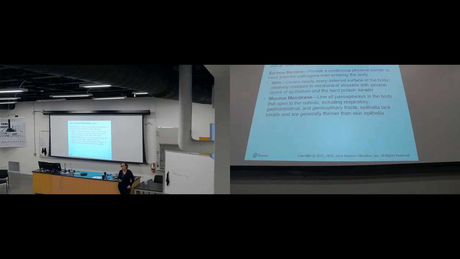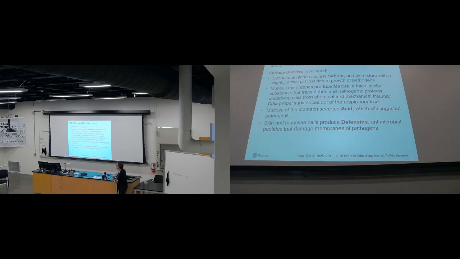And sometimes even stratified squamous, like in the case of the vagina or the last part of the anus. This mucous membrane is not skin, so it doesn't have keratin, and it is generally thinner than the skin. So it's easier for microbes to penetrate through mucous membranes than through the skin.